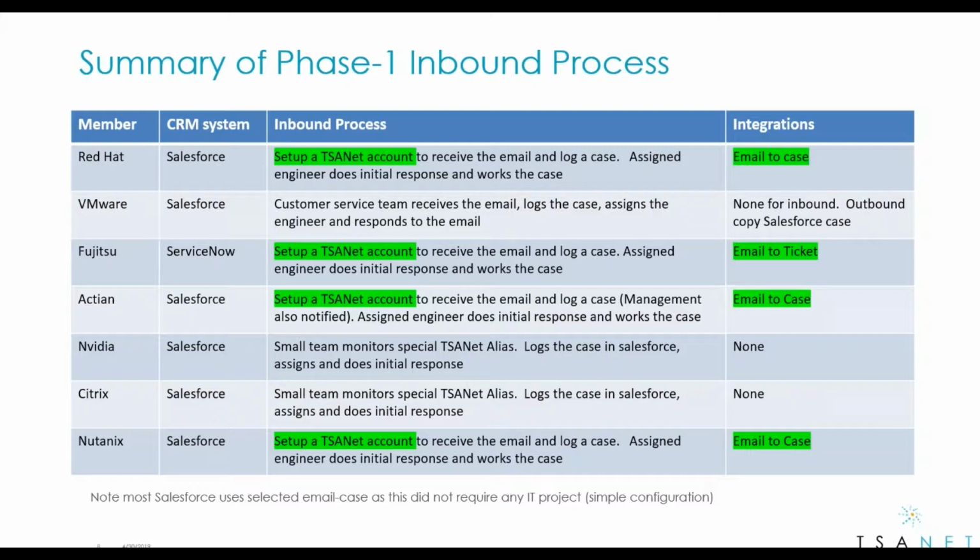That's about how half of them have set it up, and the other half have simply set up an alias that has a group of folks monitoring it, whether that's your frontline group that's 7x24 following a very specific process, or an escalation list. Again, this is not a high volume process, so you have quite a bit of flexibility on how you want to set that up. But we've seen those as the two common ways people are setting this up.